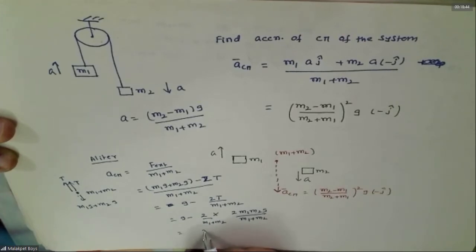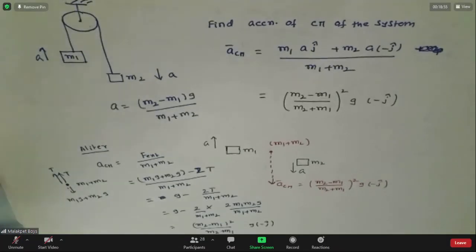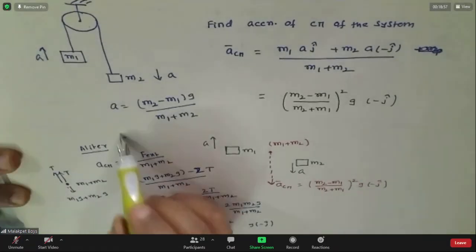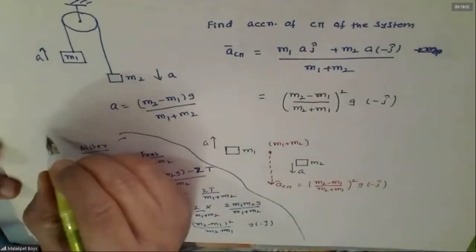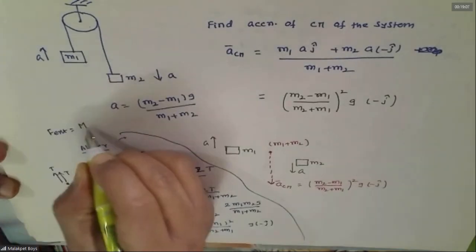If you take this and simplify, you'll get the same thing. That way also you can get. Because you know, external force is total mass of the system times acceleration of center of mass, no? M is the mass of the system, no?